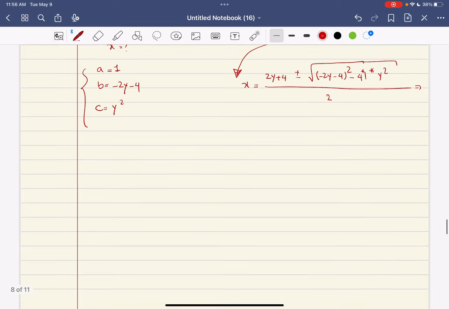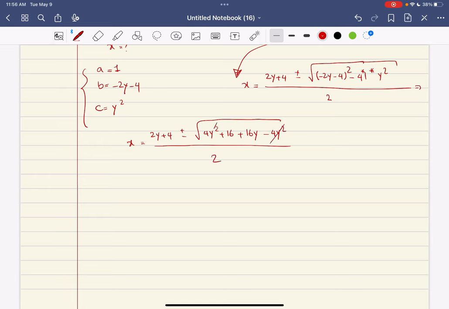Then x would be equal to 2y plus 4 plus minus root. Whatever comes out of power of 2 would be positive, right? So it would be 4y to the power of 2 plus 4 to the power of 2, or 16, plus 2y times 4 times 2, or 16y, minus 4y to the power of 2, over 2.